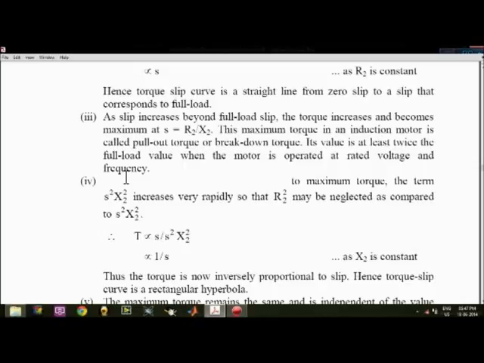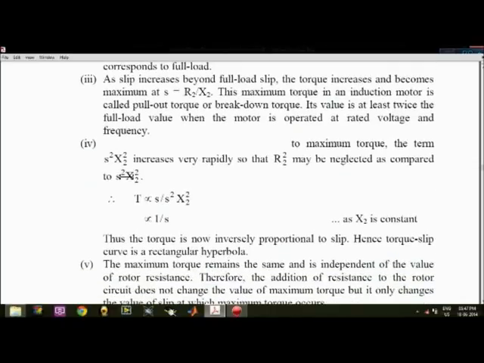In this case the torque is inversely proportional to s when reactance is constant. Thus the torque slip curve is a rectangular hyperbola at low resistances, you can see, and at high resistances it follows linearly.